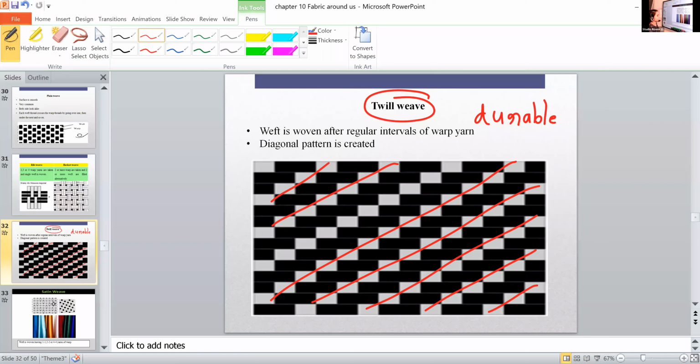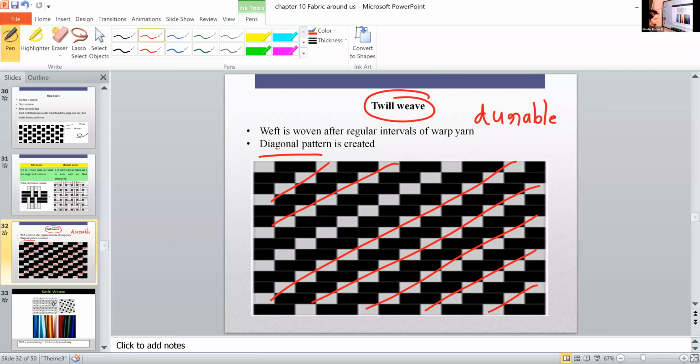The next one is satin weave. Satin weave is also a basic weave. Generally, the weaves are classified into two, the basic weaves and fancy weaves. There are three basic weaves: plain weave, twill weave and satin weave.